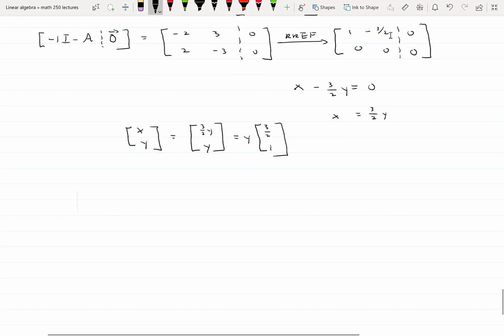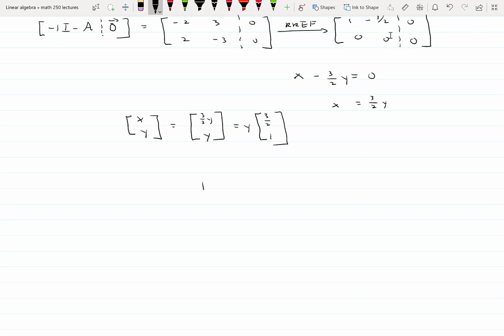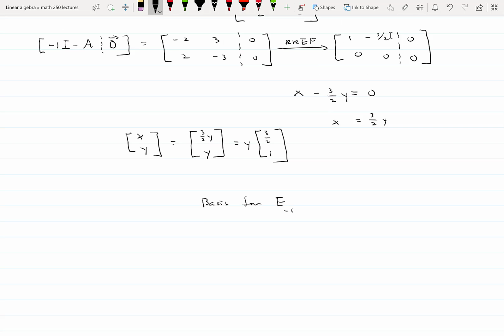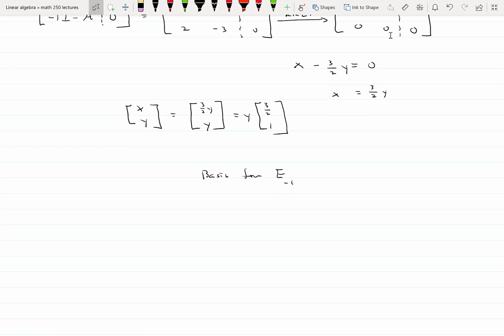Okay, so a basis for the eigenspace of -1, I think that was our eigenvalue, is 3 halves and 1. Now I'm going to write something here in red, or I want you to think about why this is also true: 3 and 2.